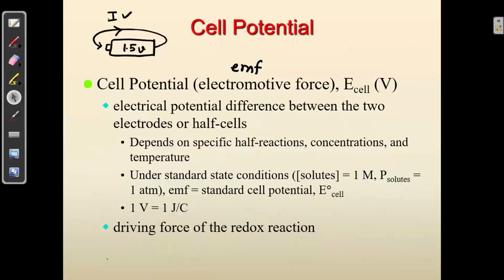Now, when there is a flow of current, what will happen? Some potential will get used up in overcoming the resistance of the circuit. So if I have a voltmeter here to measure the potential across these two terminals, positive and negative, it will not show me 1.5. Why?